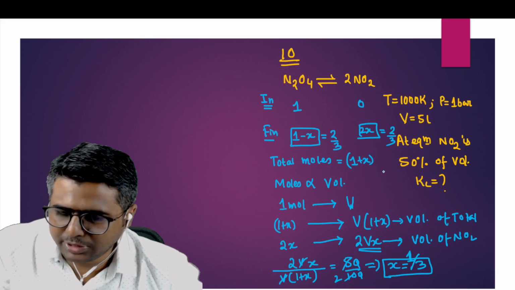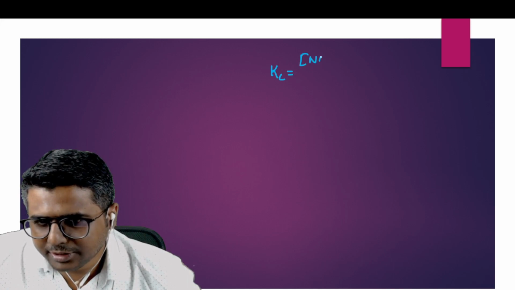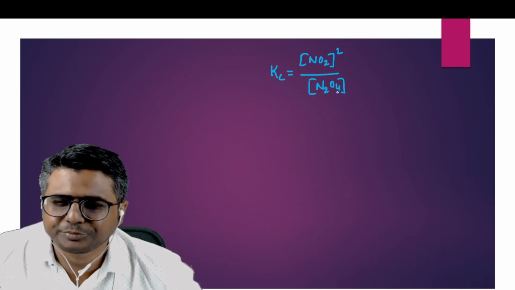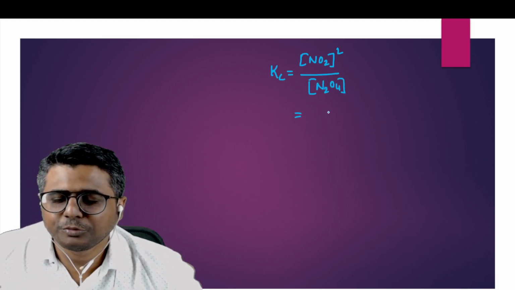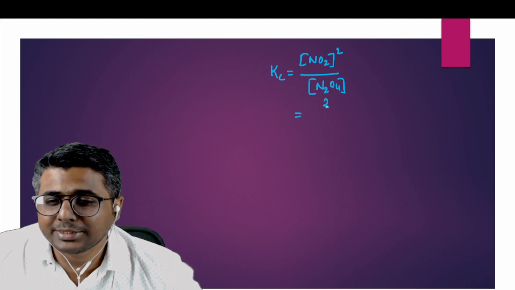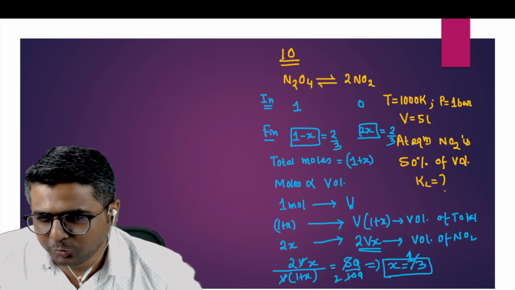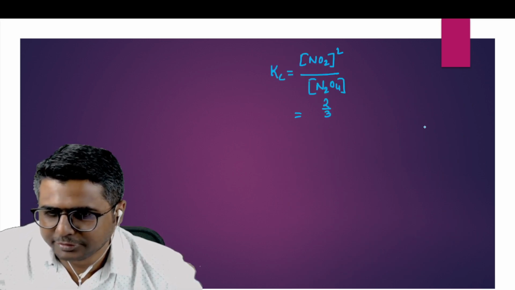Now, if you want to calculate Kc, Kc is basically NO2 square by N2O4. NO2 is 2 by 3, that is moles, not molarity. I have to use molarity, so I have to divide by 5 liter.